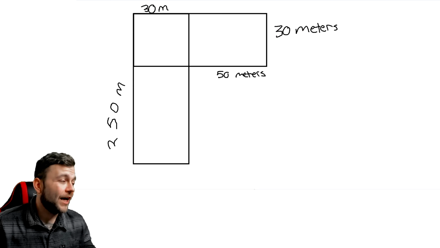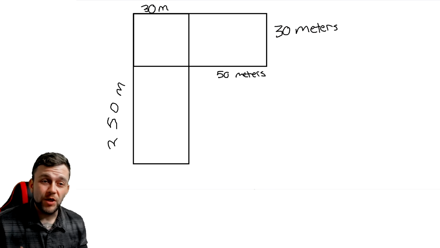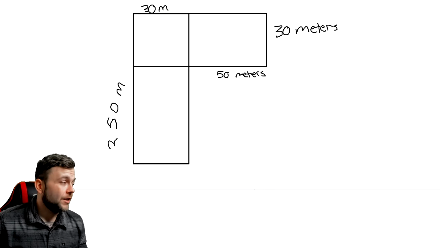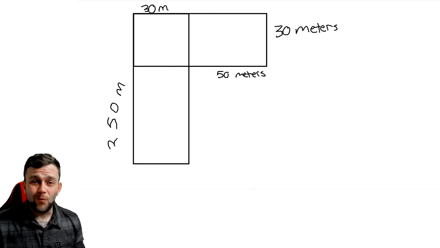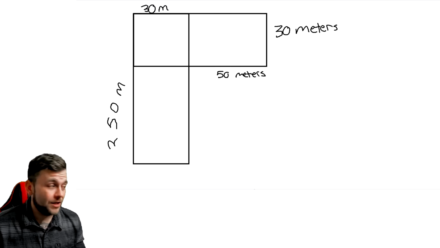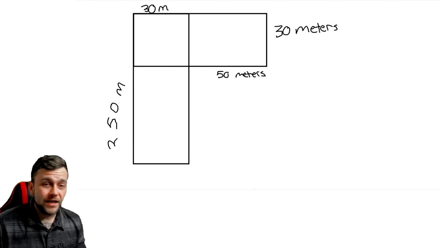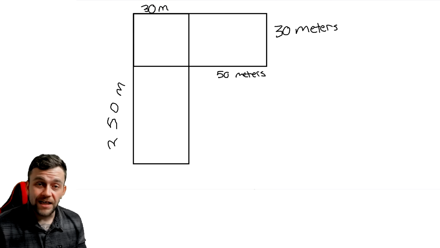So here I have a more complex shape for us to figure out the perimeter on. It's just this random shape, like a backwards 7 or an upside down L. But remember the core idea that it's like walking around the outside.